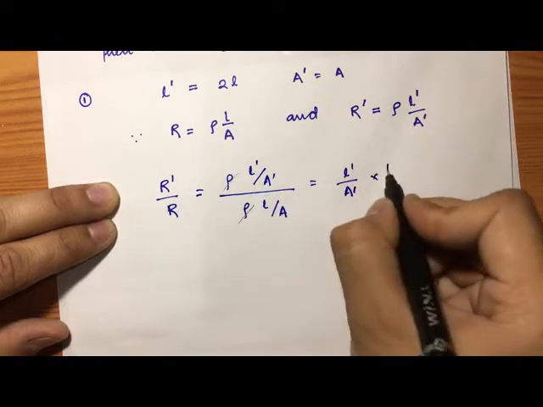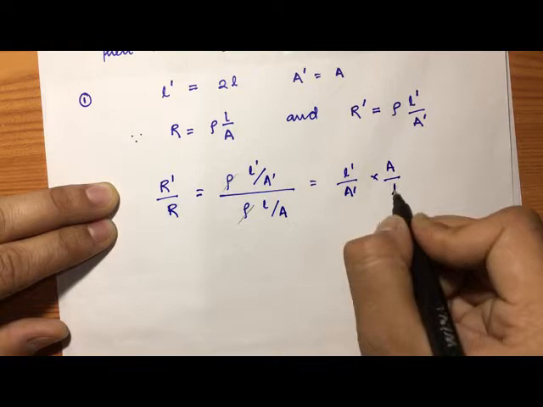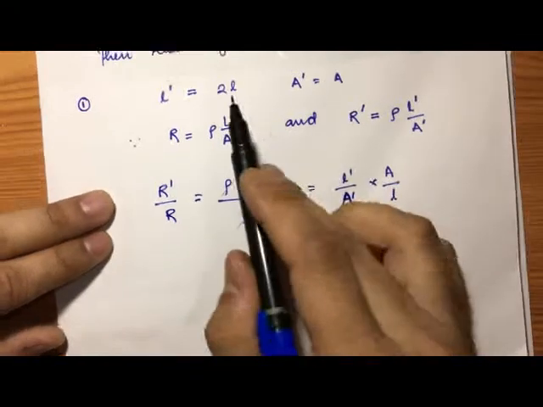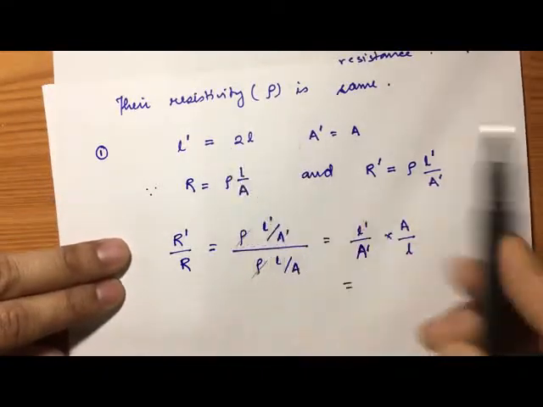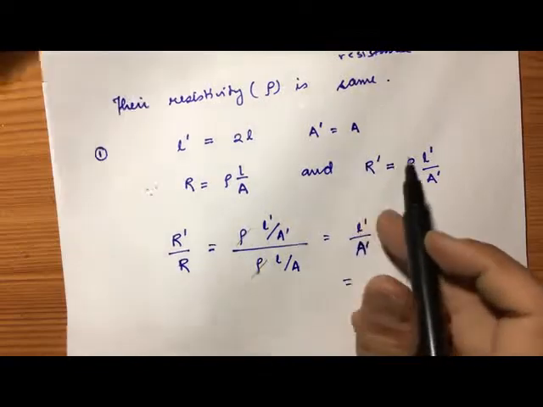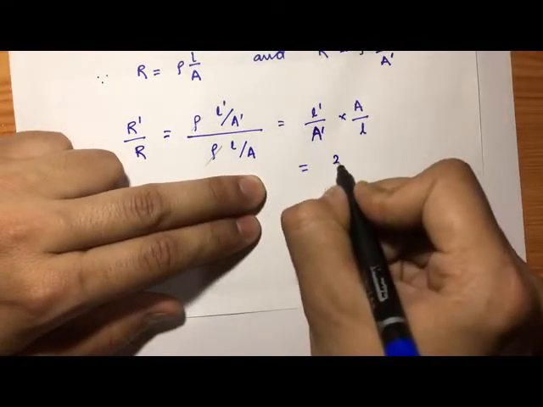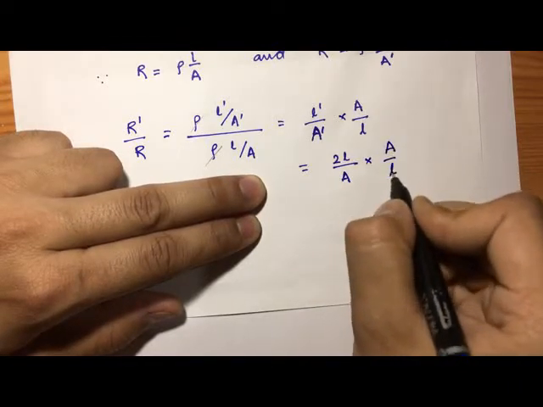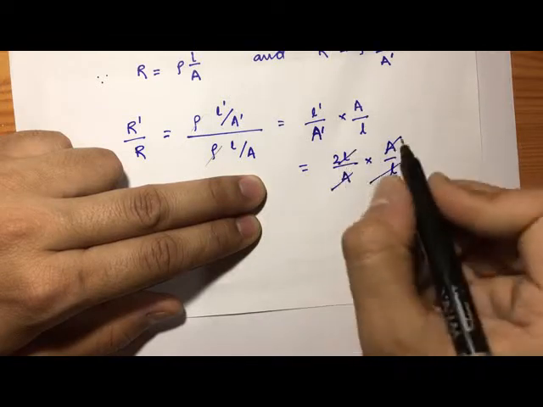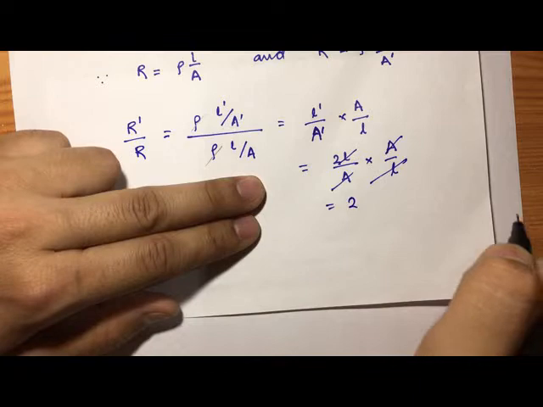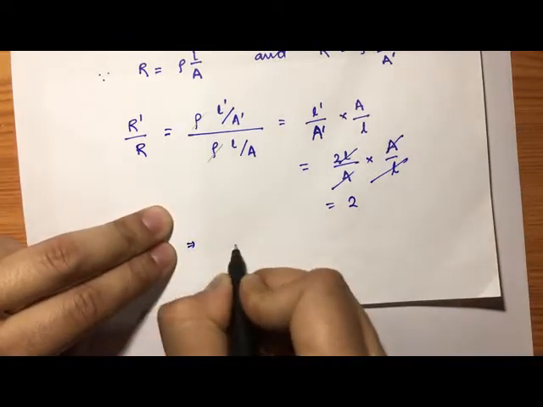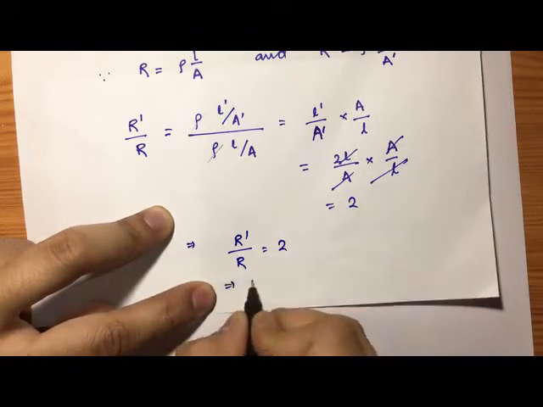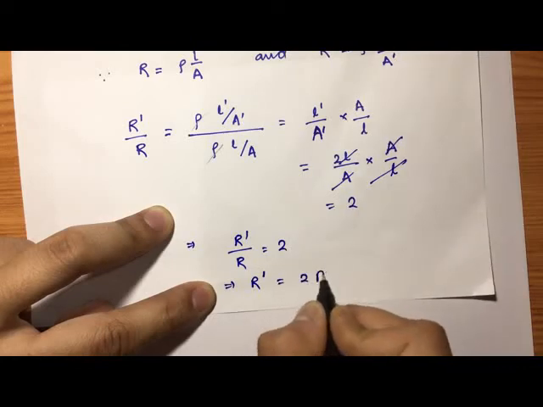This A will go upward and this will be L divided by, A divided by L. Okay, now keeping up the values, L prime is equals to 2L, A prime is equals to A. If I will keep this value, A and A will be getting cancelled, L and L will be getting cancelled, I will get a perfect number 2. So my R prime by R is equals to 2. This means that new resistance is double of older resistance.